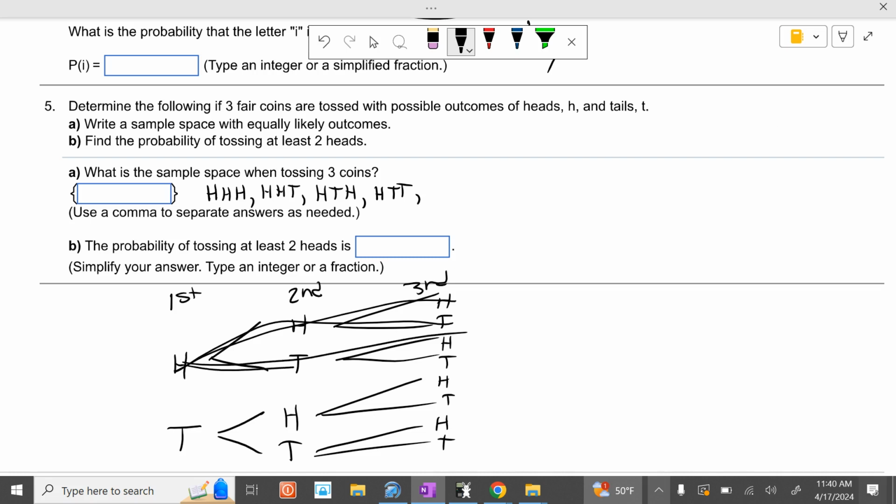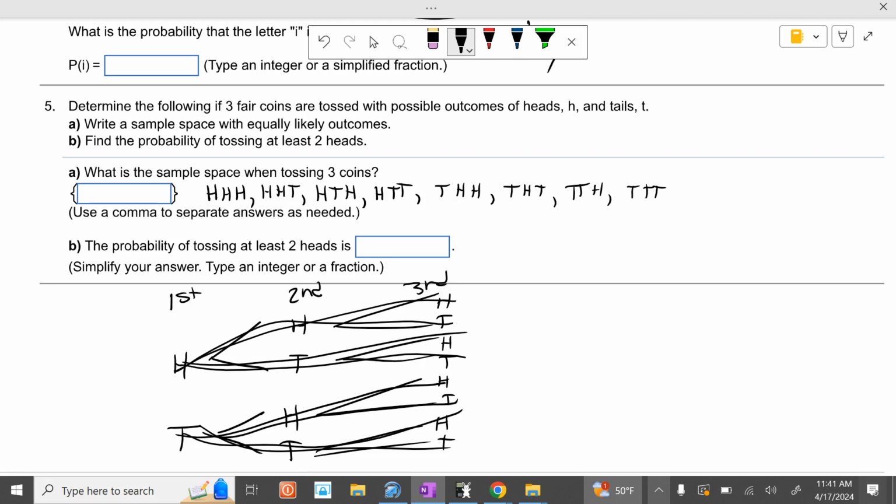Heads, tails, tails. Tails, heads, heads. Tails, heads, tails. Tails, tails, heads. And then tails, tails, tails.